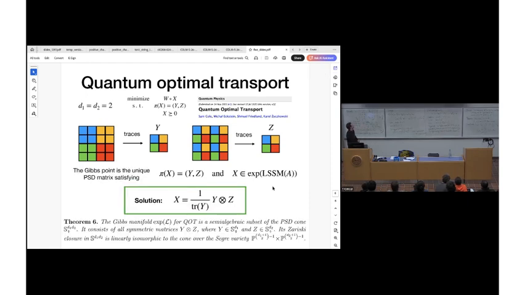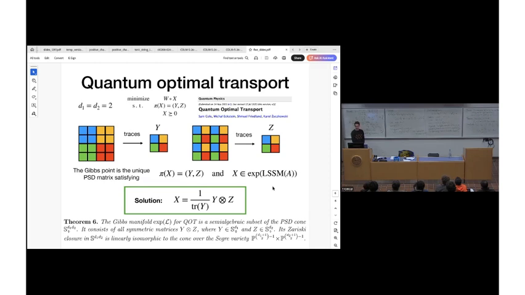And then by what we've been discussing, the Gibbs point, the point x star of infinity, is the unique positive intersection of the spectrahedron with the Gibbs manifold, which is the exponential of the LSSM of A. Remarkably, and we were really surprised by this, the unique intersection point has a rational expression in terms of y and z.